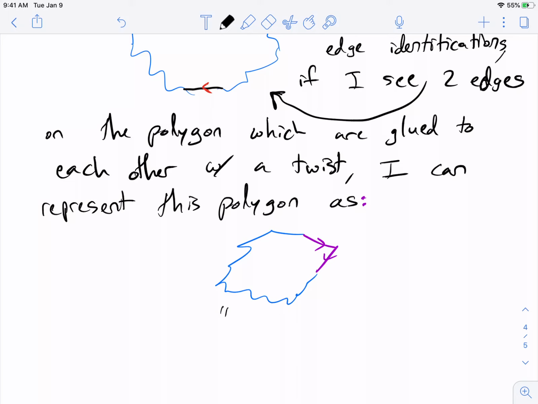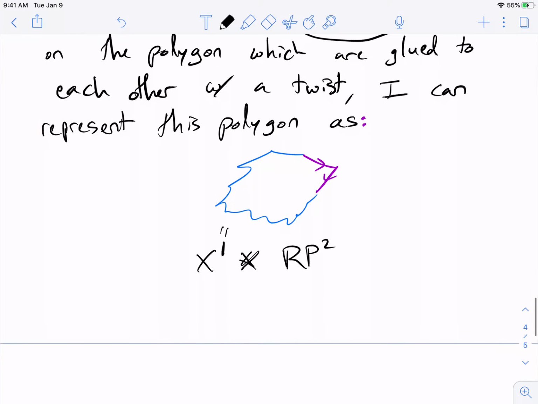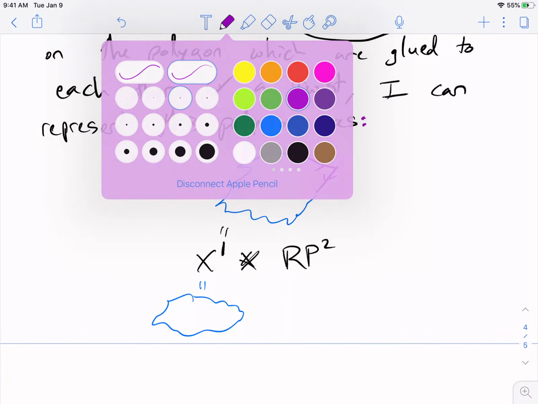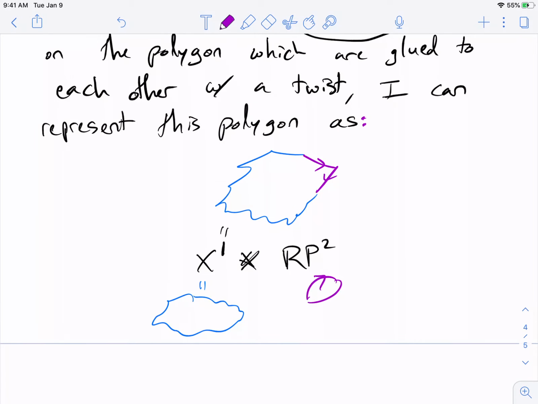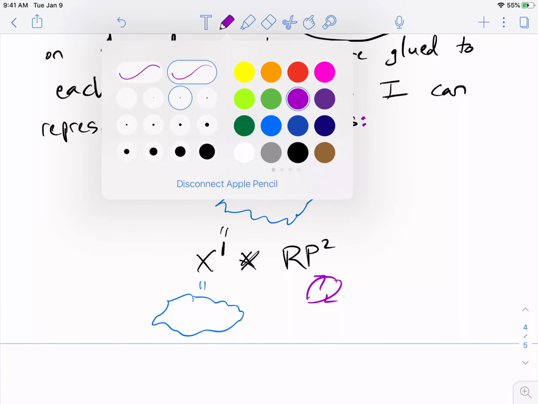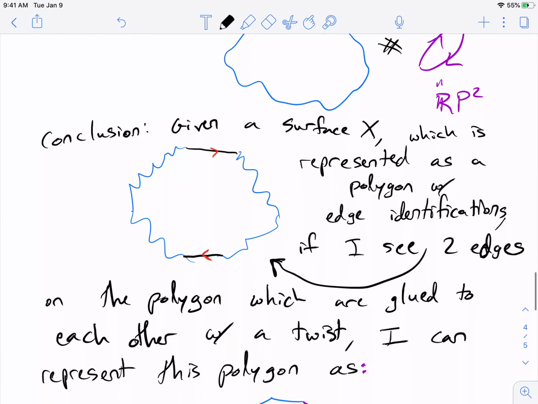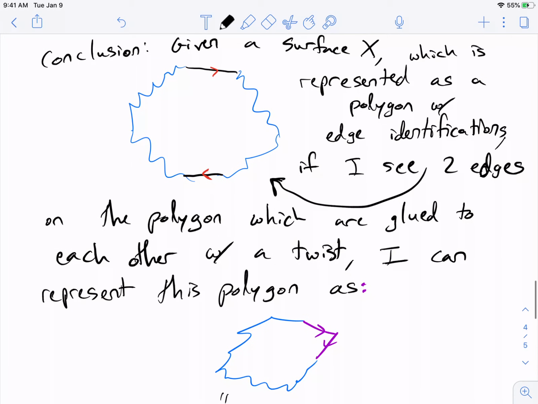And what that gives me is some X prime, a new surface, connected sum with RP2, where just like before, the X prime is the complicated part, and the RP2 is these two adjacent edges glued together with a twist. Okay, and so let me summarize it just one more time.